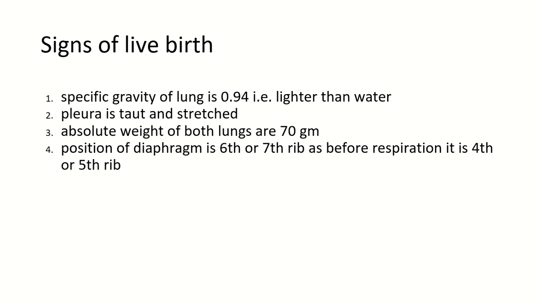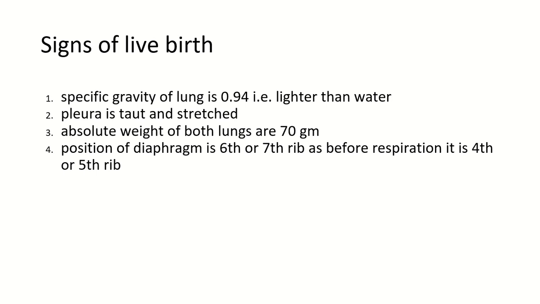Some other signs of live birth are specific gravity of lung is 0.94, that is lighter than water, that is why lung will float. Pleura is taut and stretched. So pleura is the fluid surrounding the lung or the pleural cavity. Absolute weight of both lungs would be 70 gram, as we have already discussed in Fodry's test.